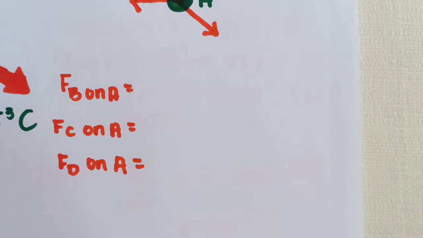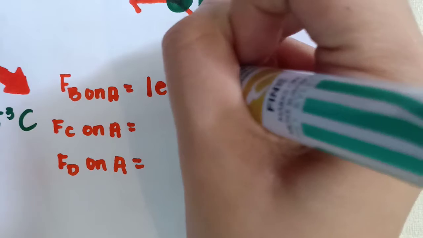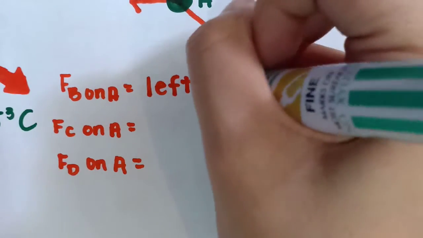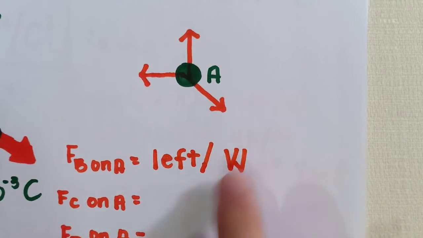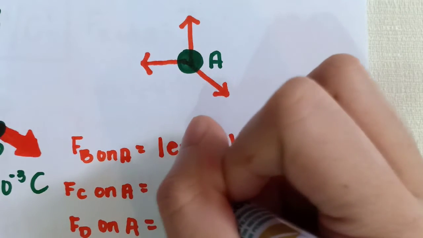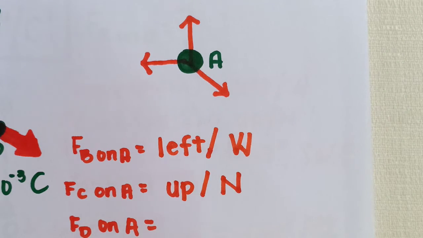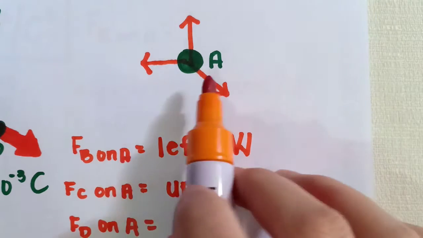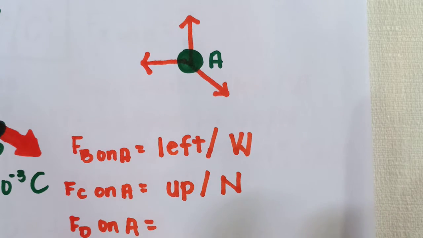So FB on A is left, or let's say west. Then FC on A is up, or north. Now we know A is headed southeast. But then, what's the angle?